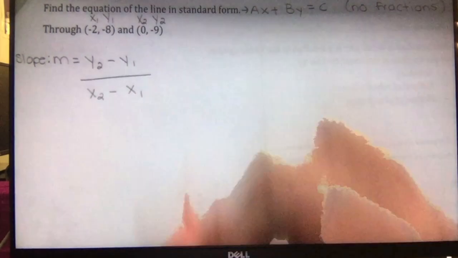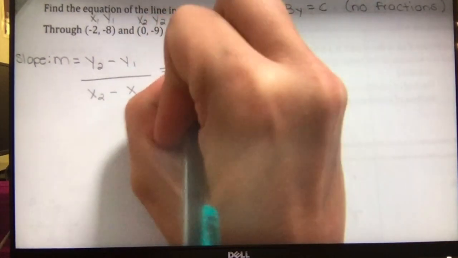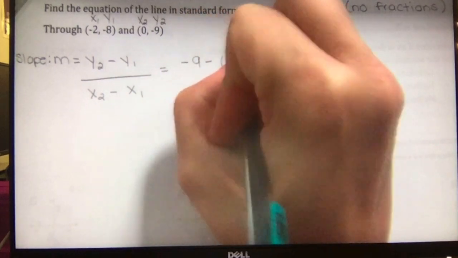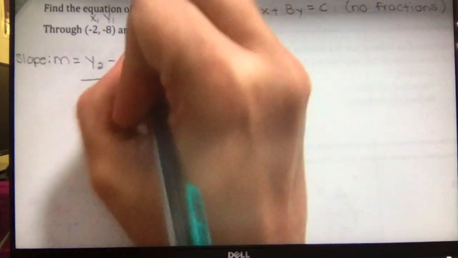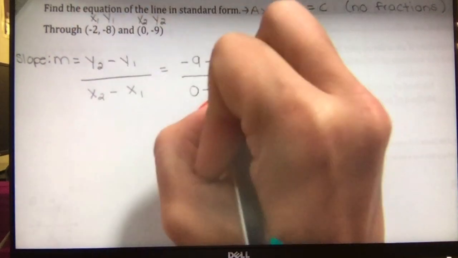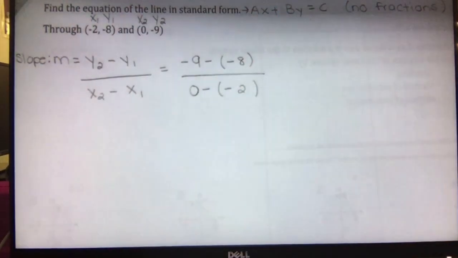Plugging in the values they give us, we have negative 9 minus negative 8 all over 0 minus negative 2.